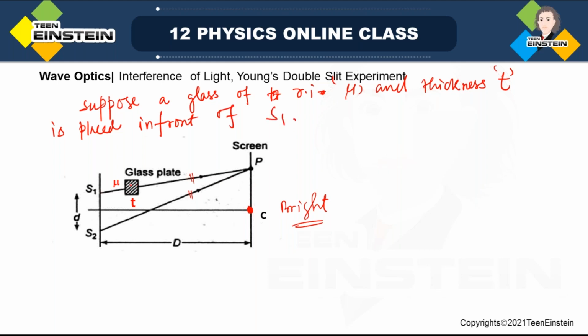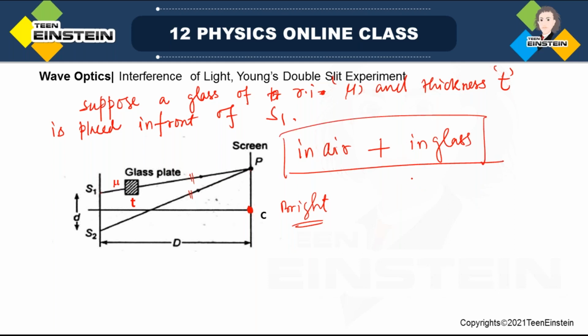What does this mean? This means that the light wave is not completely moving up to P from the source S1 in air. Some part is in air, and some part is in glass. Now this is the case.